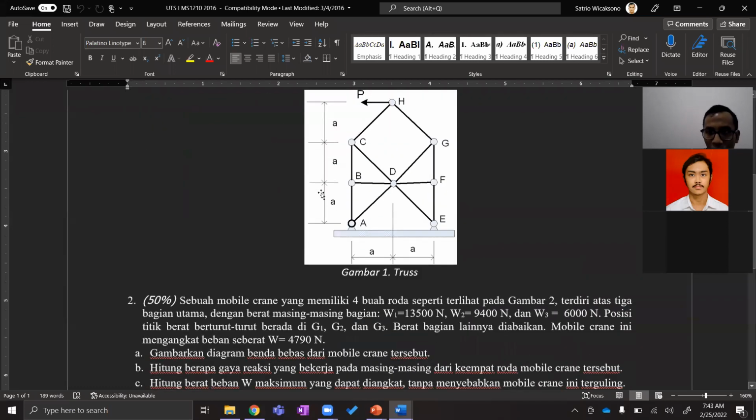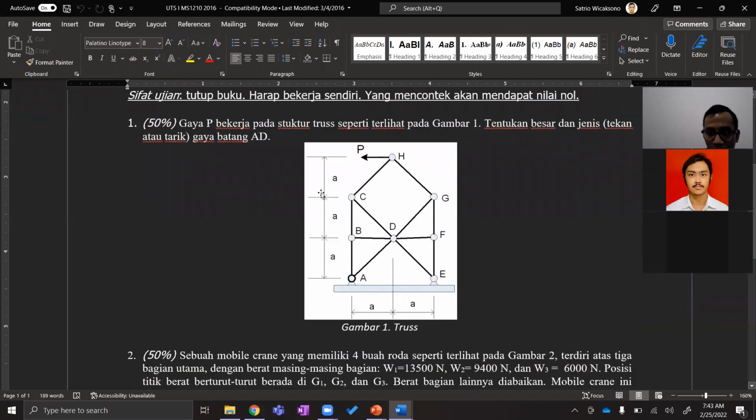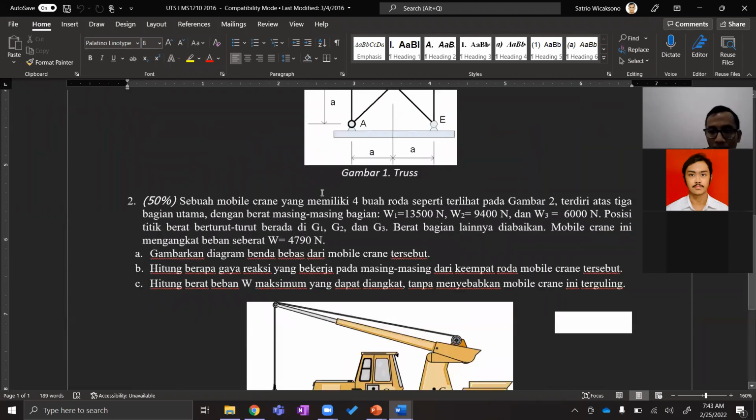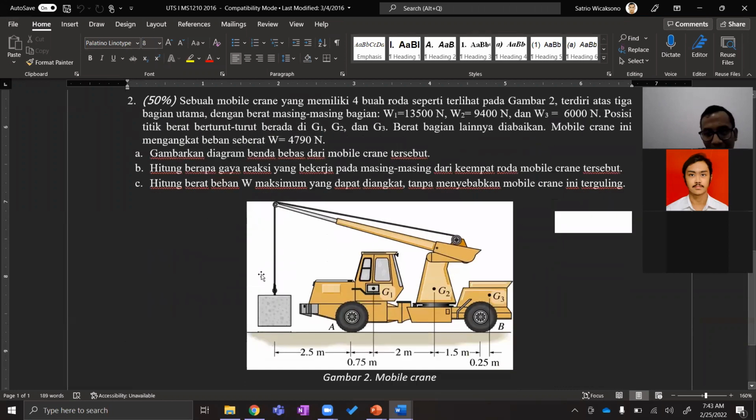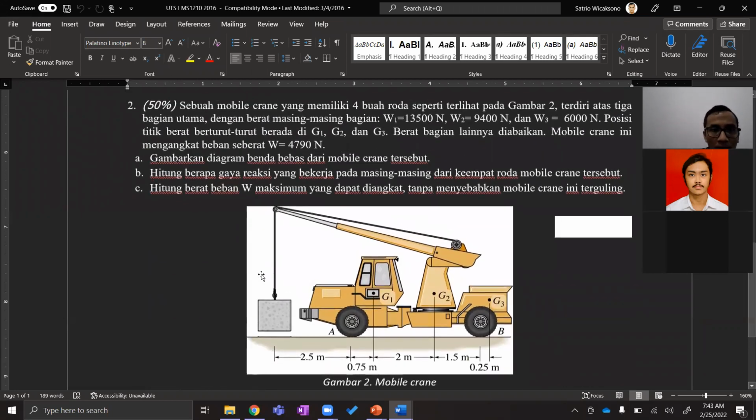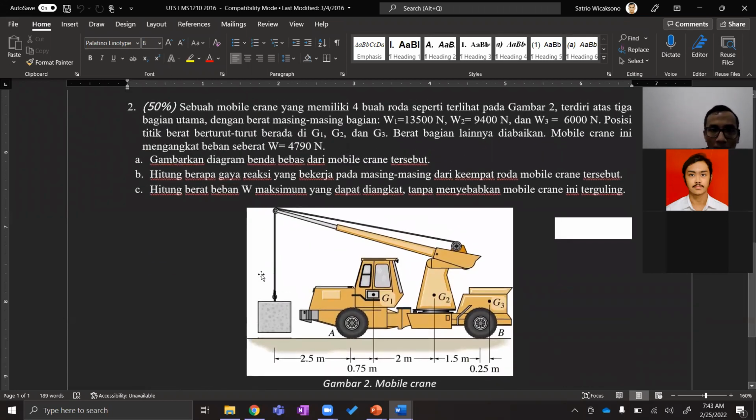Some of the problems for the exam preparation here, I will put as part of your homework. So this one will be part of your homework. And I believe for this one, for the mobile crane here, in the equilibrium, we have discussed how to prevent it from tilting.